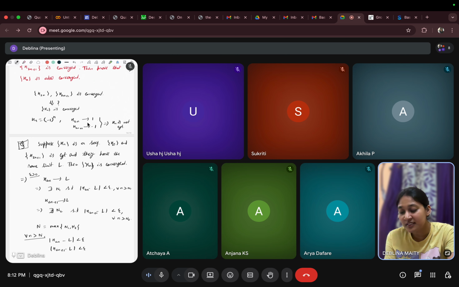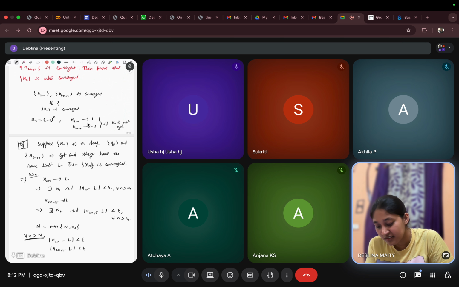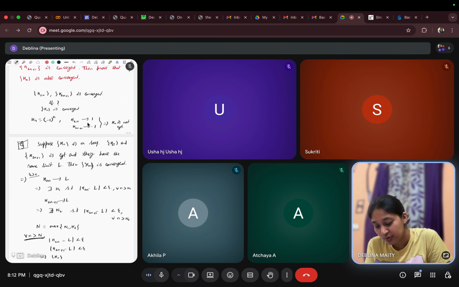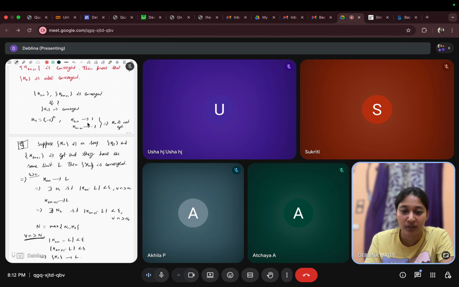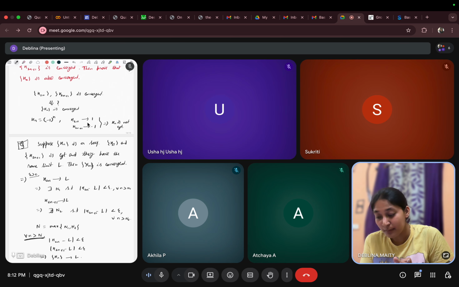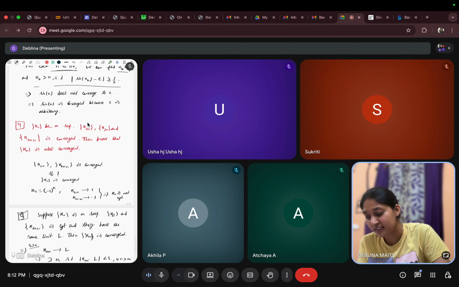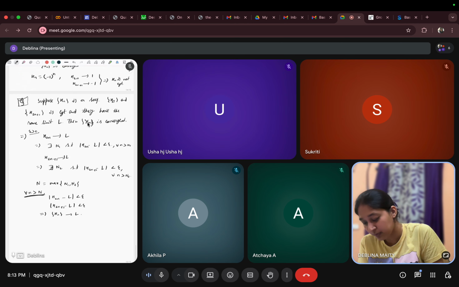This means the even terms and the odd terms after this N are all converging to L. So this means xn converges to L because even terms and odd terms are converging to L. So the limit has to be the same, then it is convergent. And similar things for this. Now proof of 4.